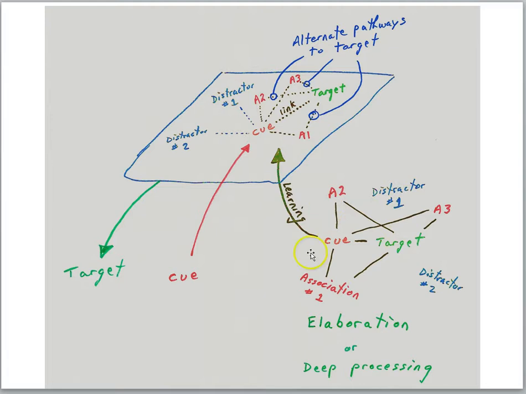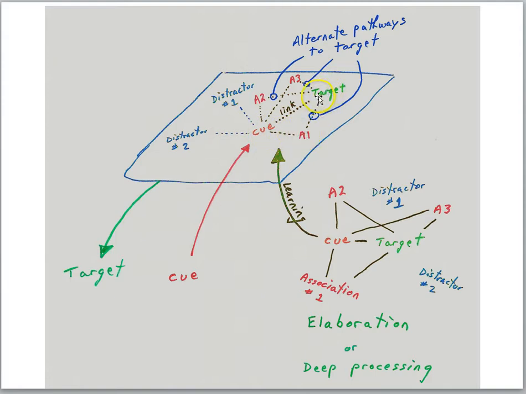Notice, because we did the concept mapping study technique, the cue has alternate pathways to the target. So if we associated the cue with A2 and A2 with the target, then the brain can, in a sense, use the cue to get at the target through the path of A2. We can associate the cue with this other concept and that other concept with the target. And there are many other routes to the target as well.